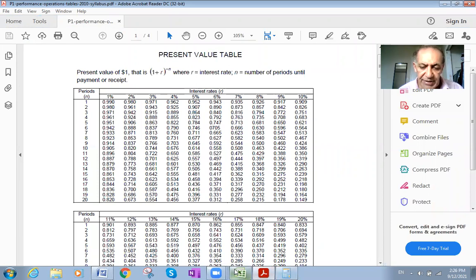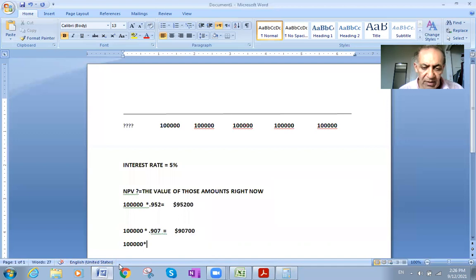Perfect. Then this will equal, I believe, 86,400 dollars. When you multiply with each other, this will be the result. So here is the third year.